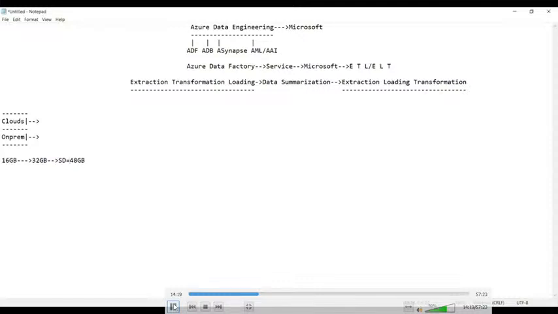Now another question arises. Suppose I have to store some 500 GB of data right now. In this situation, what will you do? An external hard disk.